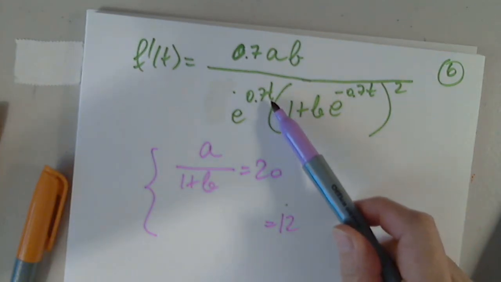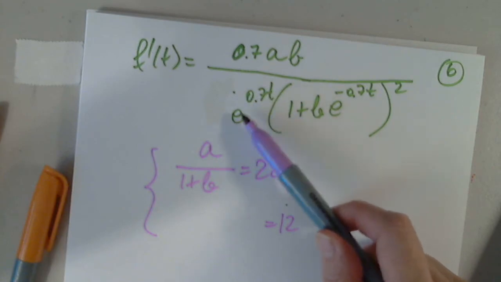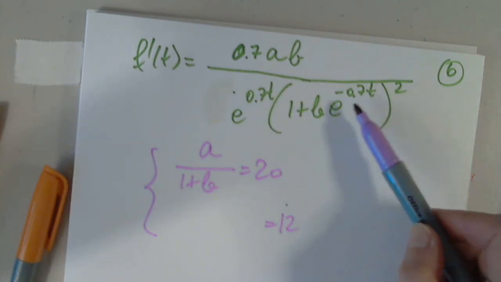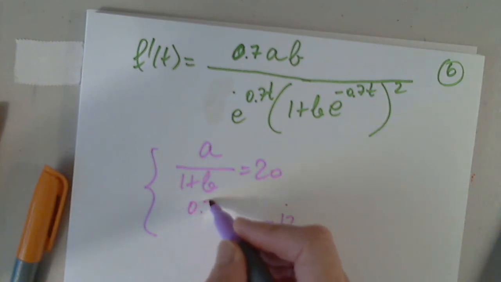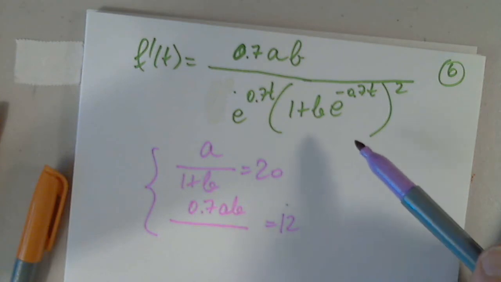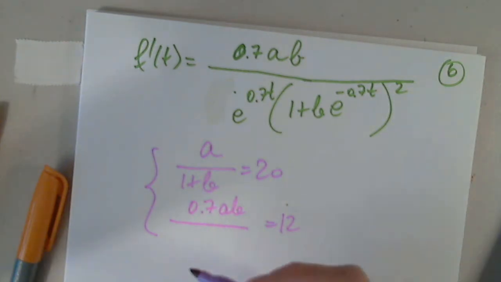So when I replace t by 0, this is 1. When I replace t by 0, this is 1. So what we have is 0.7ab divided by 1 plus b squared.